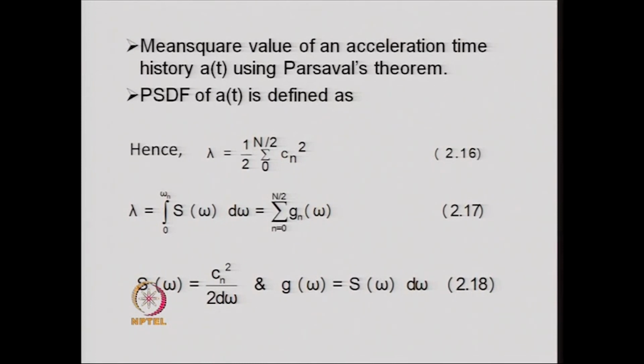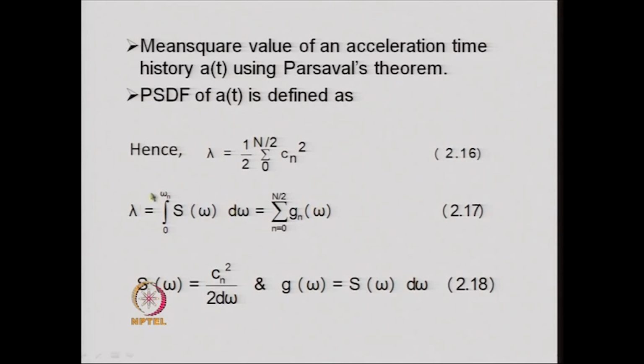Then if we integrate this function S(omega) from 0 to omega n, that is the Nyquist frequency, that is up to the point A in the figure that I discussed before, then that area under the curve will be the mean square value by definition, because by definition the power spectral density function is a distribution of the mean square value with frequency.